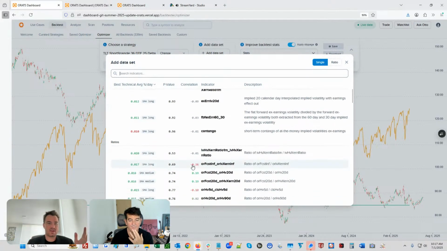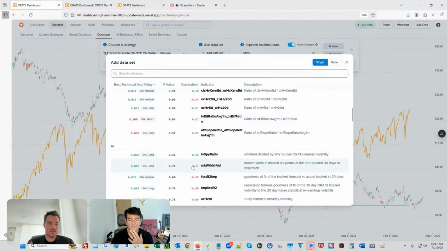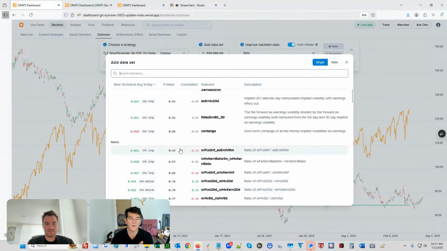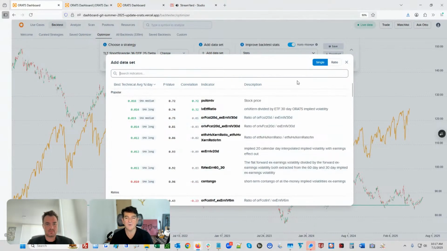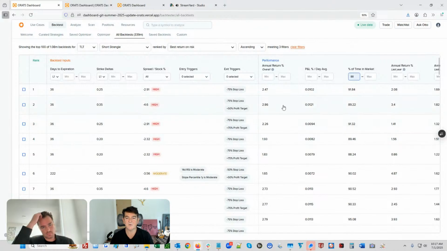So it's not just technical indicators on the actual stock price. We have hundreds of indicators that we're testing. Right. So this one, 43 isn't that good, so you would just move on after that. And then you start to see what back tests might be better or worse for finding these. I like to be in the market more.